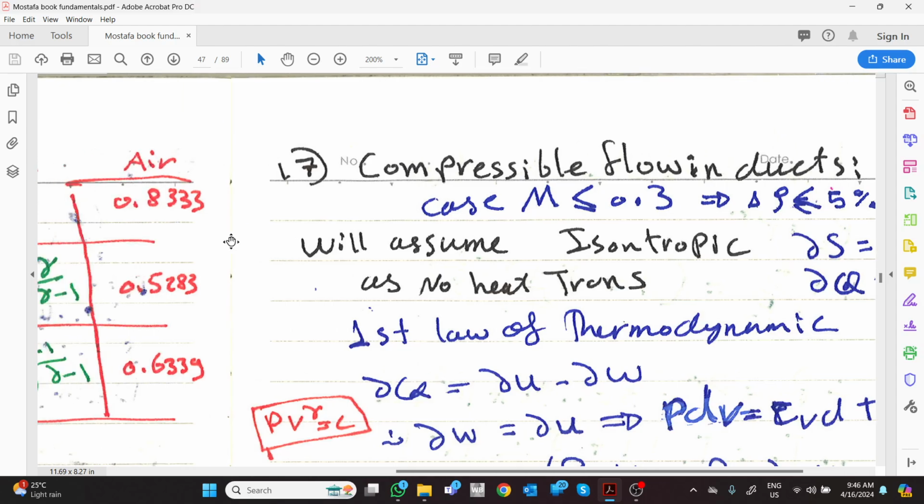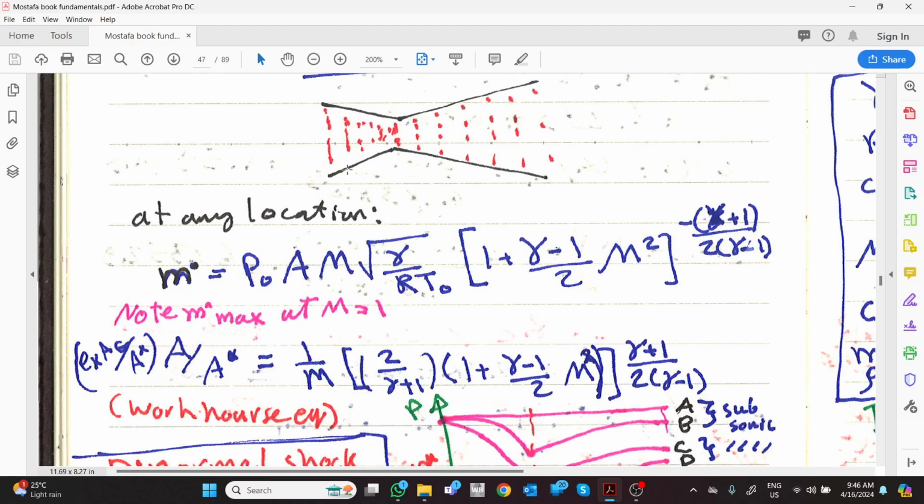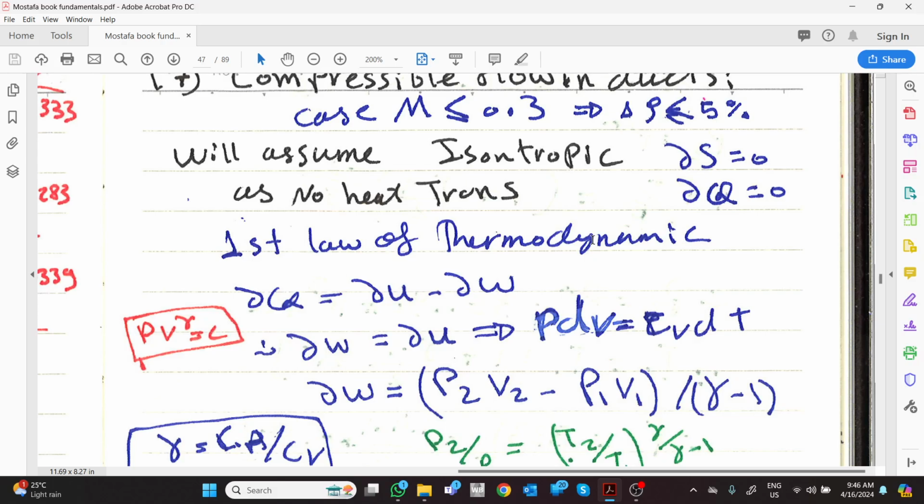In any process or any flow inside ducts of any shape, we assume it is an isentropic process, which means the entropy doesn't change, and there is no heat transfer.